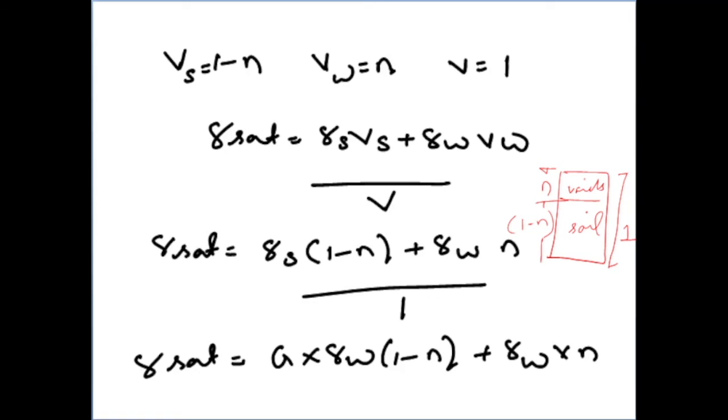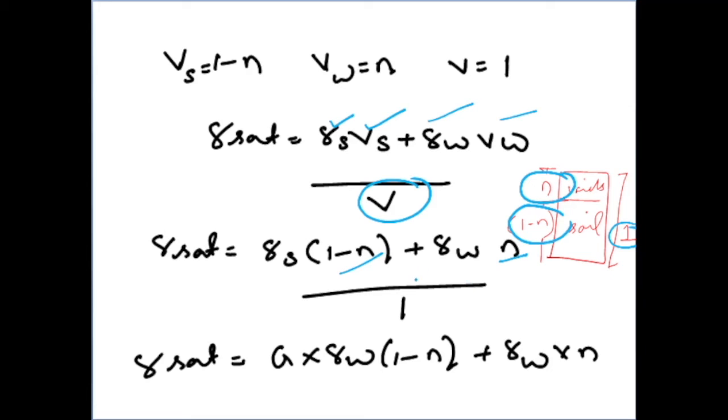Okay. Now, coming to the next one, wherein we are going to represent it in terms of porosity. I have already told you, let us represent voids as n, and let us represent soil as 1 minus n. So what is the total volume? It is nothing but 1. So gamma saturated is (gamma s into Vs plus gamma w into Vw) divided by the total volume V. Vs is nothing but 1 minus n, Vw is nothing but n.